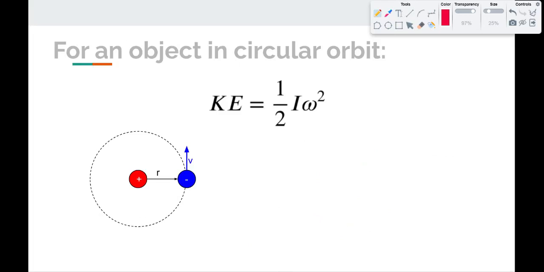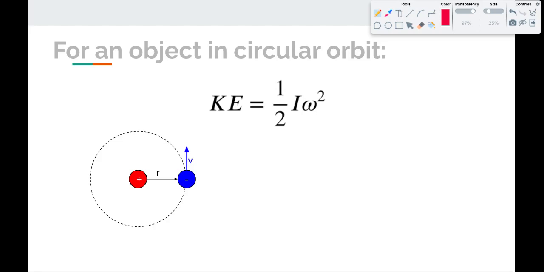For a single point mass orbiting in a circle, the kinetic energy is given by this equation here, 1/2 of a number called I times omega squared. And omega is the angular velocity. In other words, like how many revolutions per second or something like that. So a measure of how fast it's going around, spinning around in a circle.